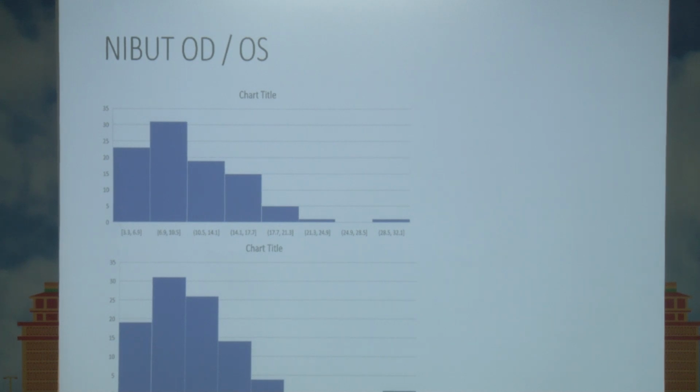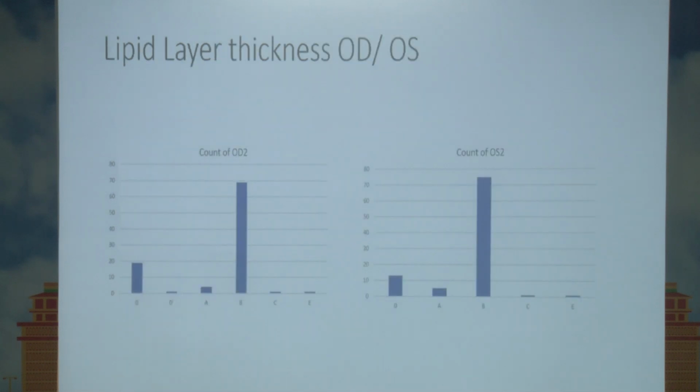And in the tear breakup time, we had more patients with early tear breakup time as compared to the normal. Tear film breakup time normal would be anywhere between 15 and above. If it is less than 15, then there's a problem with the tear breakup time.